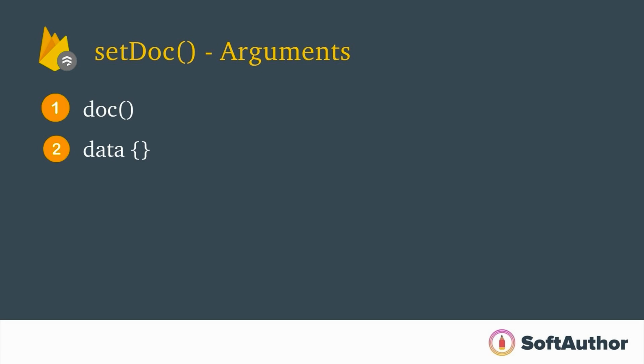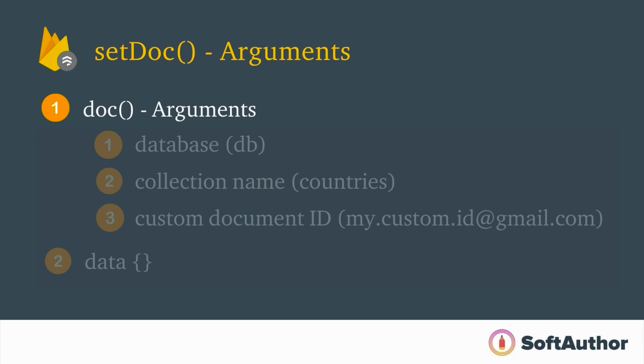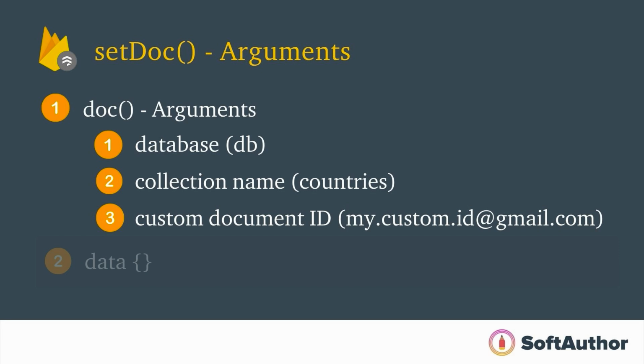Let's take a look at the first argument, doc method. This doc method takes three arguments which are pretty straightforward. The first one will be the database, second argument will be a collection name, and the third argument will be the custom document ID that we can create anything we would like.